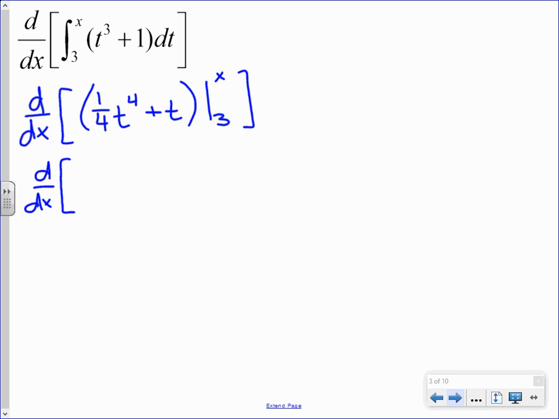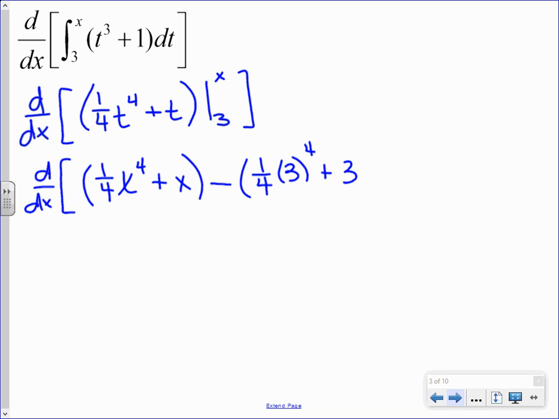So we have 1/4 x to the 4th plus x minus 1/4 3 to the 4th plus 3.